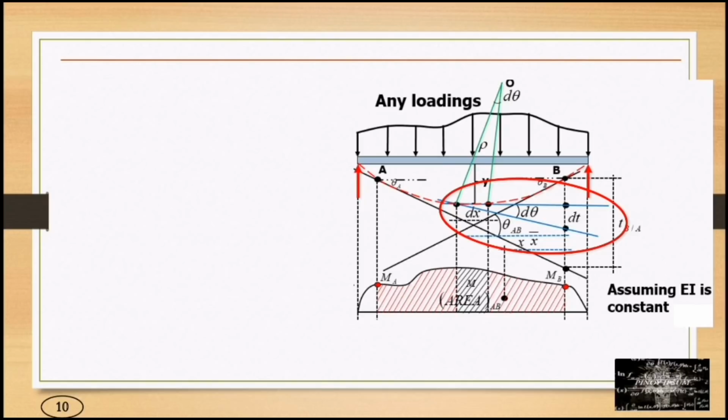So let us focus on the blue lines. Again, arc length is equal to radius times the central angle.